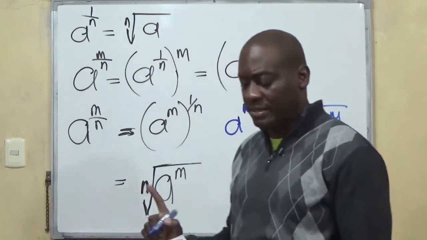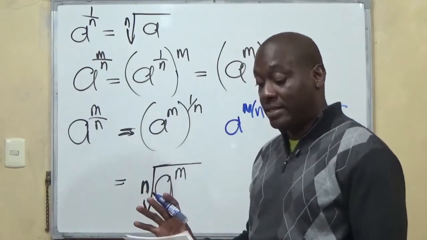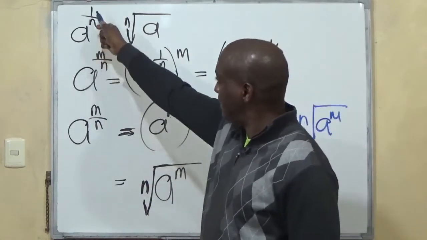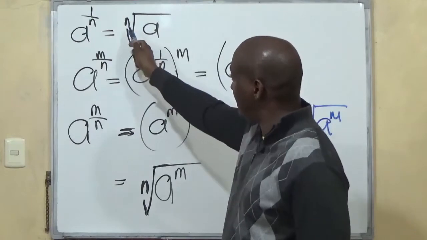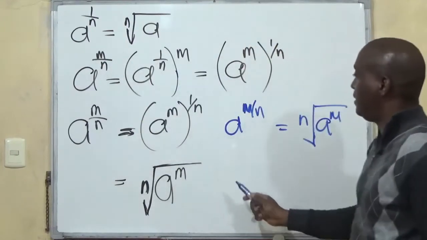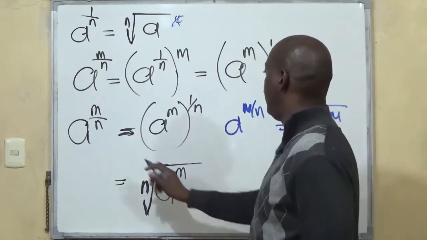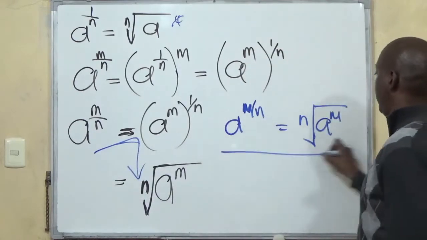But the key to understanding that is to understand what we took the time to explain in rule number 6, which is that a to the power of 1 over n is equal to the nth root of a. Once you understand this form, then you could go from here to here, and then you could just go to here.